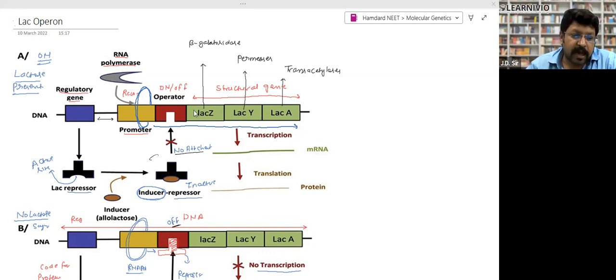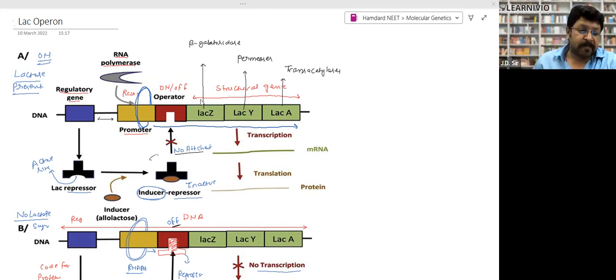So look, this is the structural gene: LAC-Z gene, LAC-Y gene, LAC-A gene. I am telling you this because this question has already been asked in the medical examination: the LAC-Z gene is responsible for the release of, and there are four options. You have to remember which gene is responsible for the production of which enzyme.